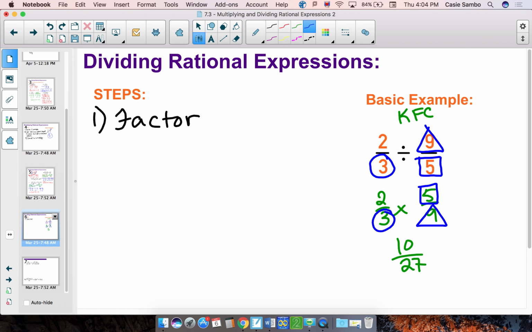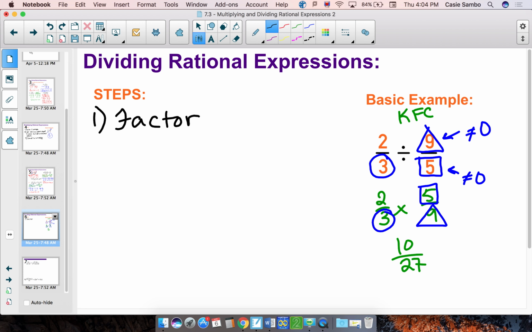So even though our 9 starts as a numerator, it becomes a denominator. So whatever this is, it can't be 0. Even though this 5 becomes a numerator, it starts as a denominator. So again, it can't be 0. We are going to use that idea to find our excluded values.